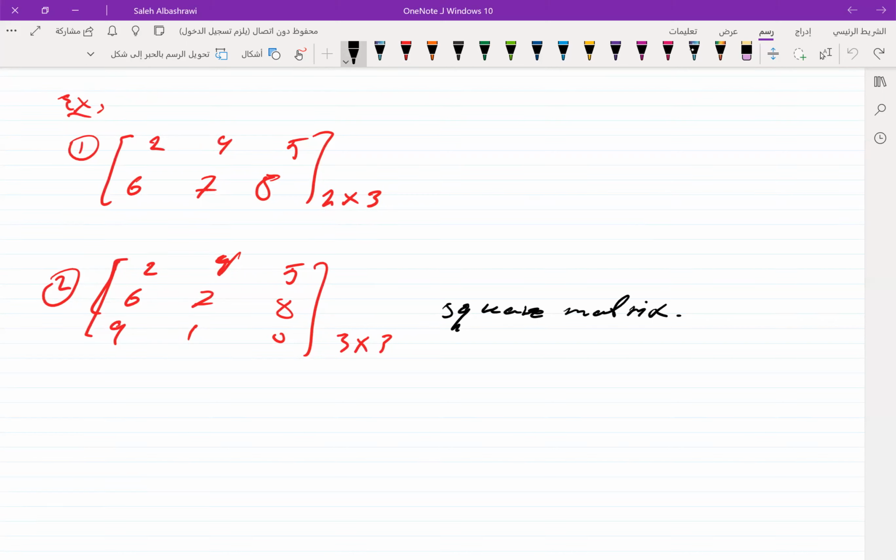Later on, we are going to speak about the inverse of a matrix, which must be square in this case.